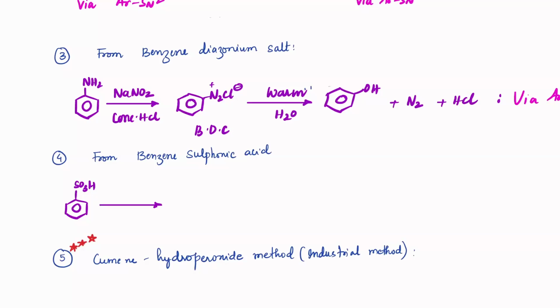Now, a very interesting one here: when you use fused NaOH, the sulfonate will go as Na2SO3, giving O minus Na plus, and that on hydrolysis further converts into phenol. So fused NaOH with heat helps in formation of the phenol form here.